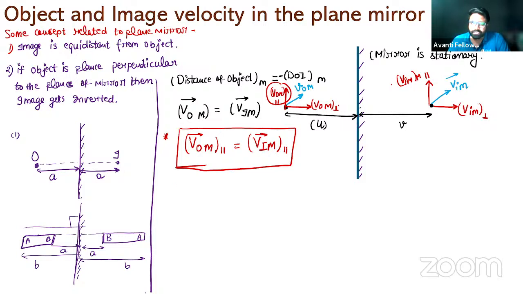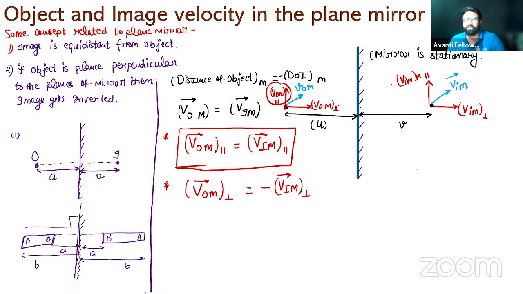Now the second condition is that the velocity of the object with respect to the mirror perpendicular is equal to minus the velocity of the image with respect to the mirror perpendicular, negative in direction.